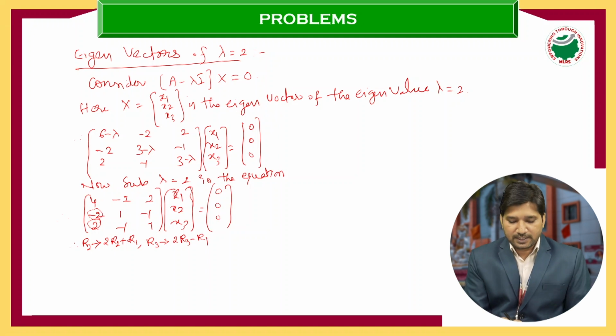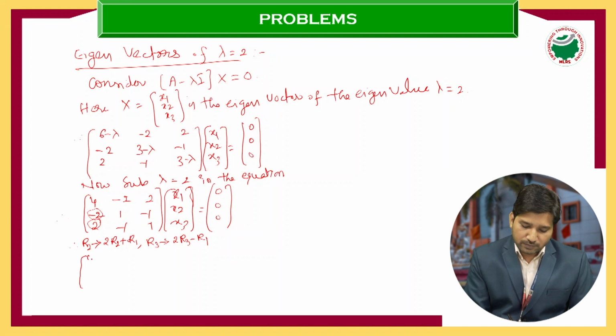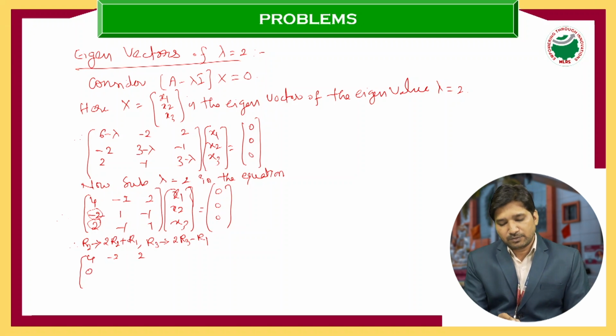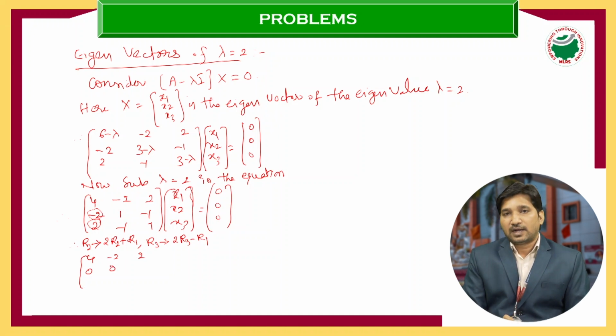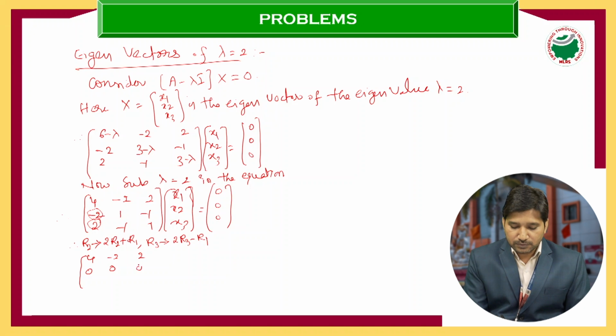Then the matrix given 4, minus 2, 2, 0 will be 0. Multiplying by 2, minus 4 plus 4 is 0, and 2 minus 2 is also 0, and minus 2 plus 2 is 0.